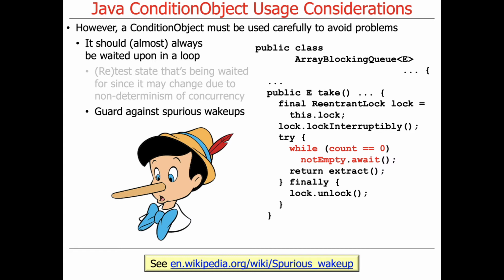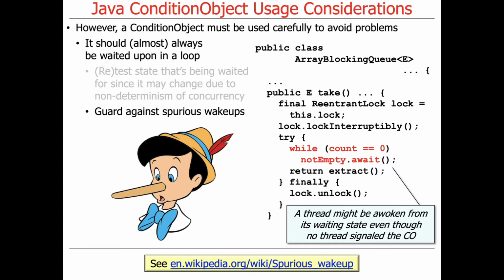But the long and the short of it is it's possible for situations to occur where a thread might return from await without being signaled explicitly. And really, when all is said and done, it's not that much different from a case where you were signaled explicitly, but by the time you return from await, the condition's already changed. So in any case, using this loop will cause these problems to go away.